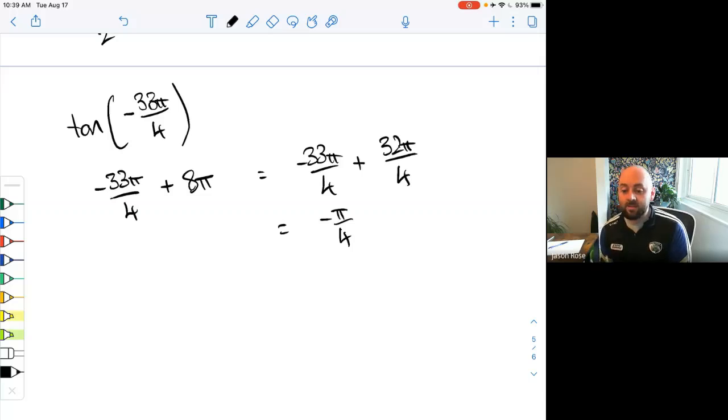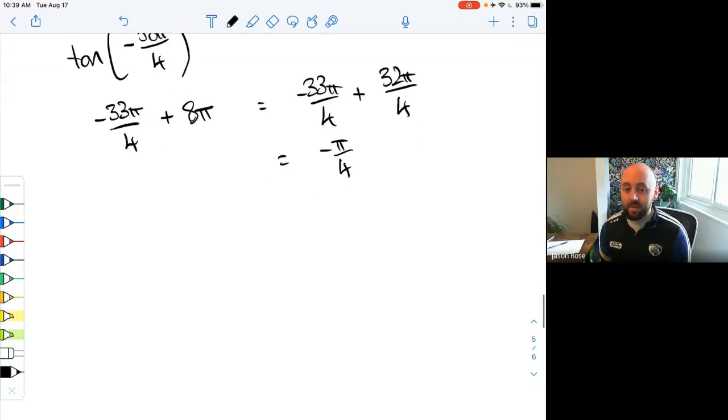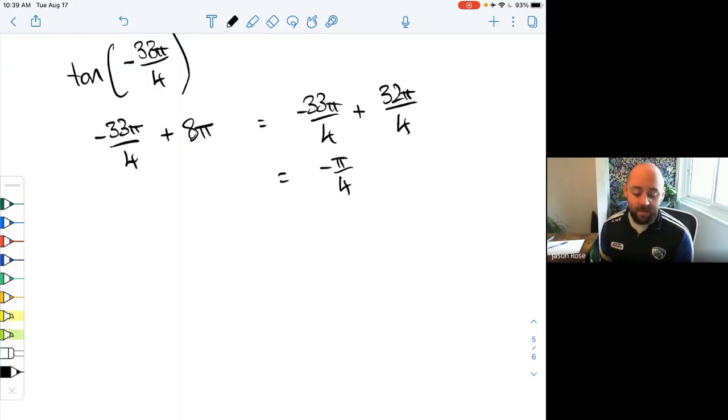If I see it in your assignment, as long as it only goes as far as minus pi, I think I'll accept it. But for what we've been doing so far, I'm not quite there yet. 10 pi would have been the right choice. That would have got me to one of the angles that I recognize. So 8 was pretty close, but I think 10 would have been the best choice.